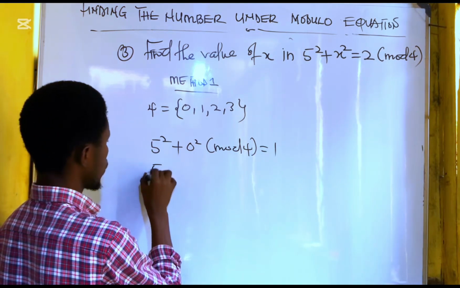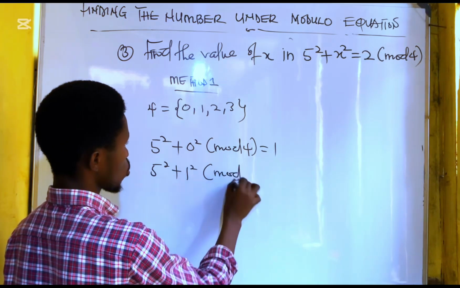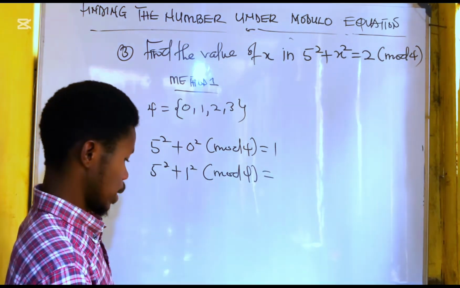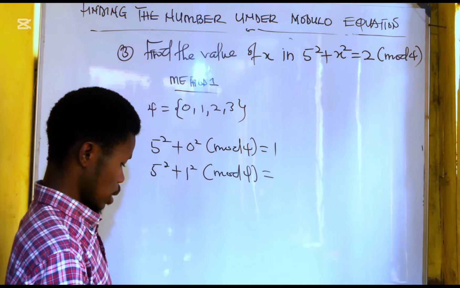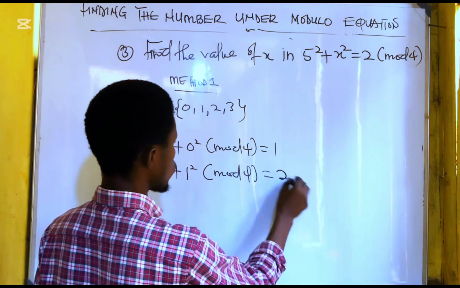Then 5 squared plus 1 squared under mod 4. 5 squared is 25 plus 1, 26. So 26 mod 4 will give us 2.